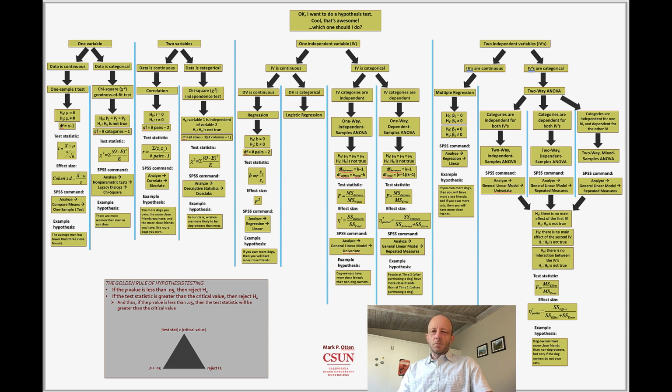And then with this roadmap stuff, be patient with it. If you're given a list of word problems and the first time around you get 5 correct out of 10 or less, something like that, in terms of guessing which test to run, don't worry about it. Come see me, come talk about it. We can go through these scenarios and examples. And over time you'll get it.